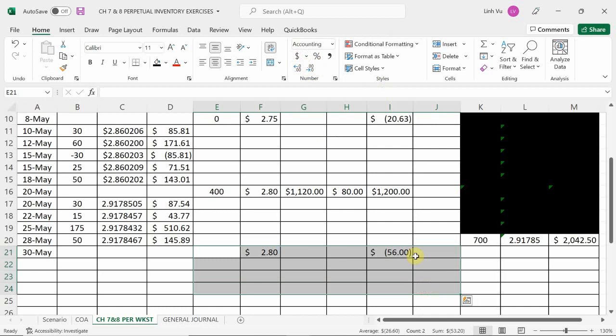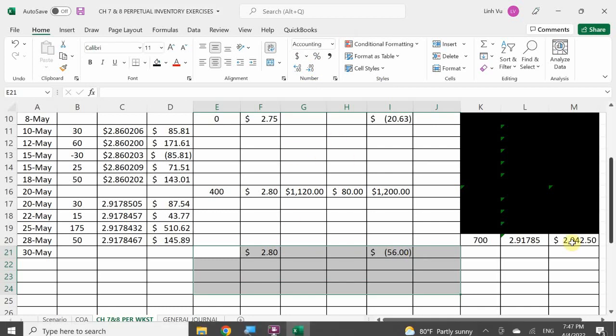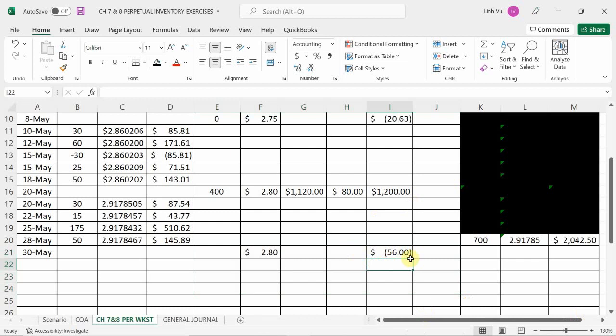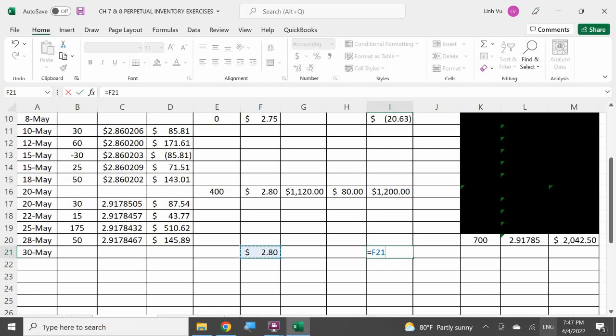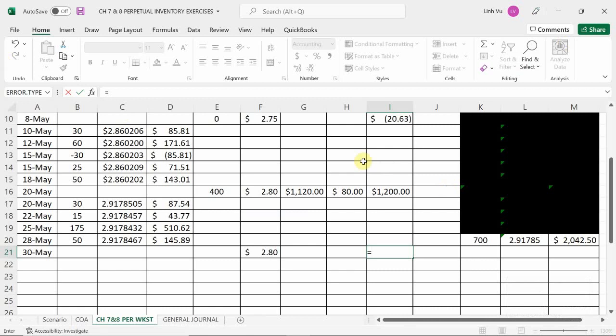Or if I want to be really specific and fill out all of this, I can say that this is my discount here. It's whatever this times 400 was, which gave me a total of this, and I'm going to calculate what that 5% discount was, which is going to give you $56.